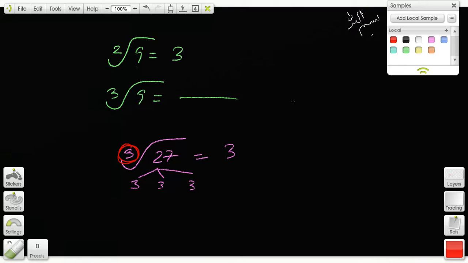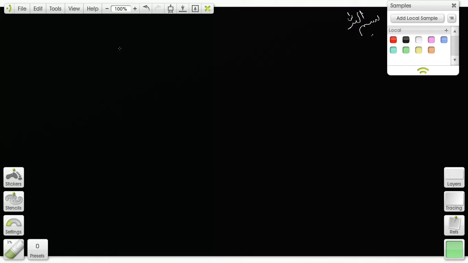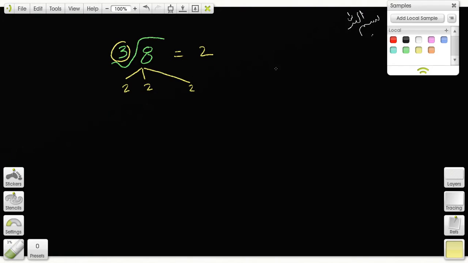How about this? Cube root of 8. What does that mean? That means what number multiplied by itself 3 times gives you 8? What number? Yeah, the cube root of 8 is 2. Does that make sense?